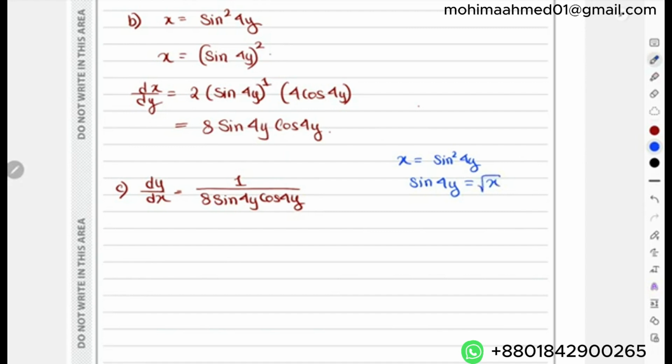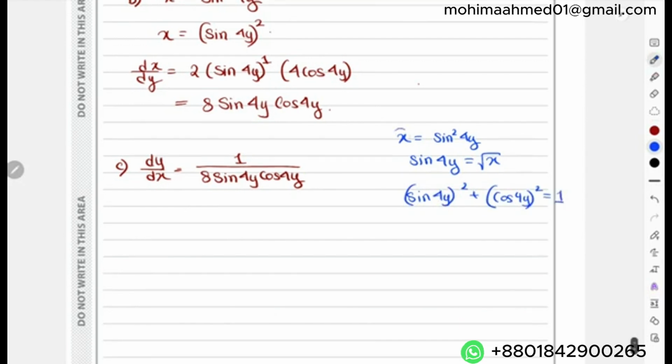And then again, you can consider it like this, that sine 4y whole square plus cos 4y whole square is equal to 1. If sine 4y whole square was the value for x, you can write cos 4y whole square plus x equals to 1. Then you have cos 4y, 1 minus x, this square to the right hand side will be root.